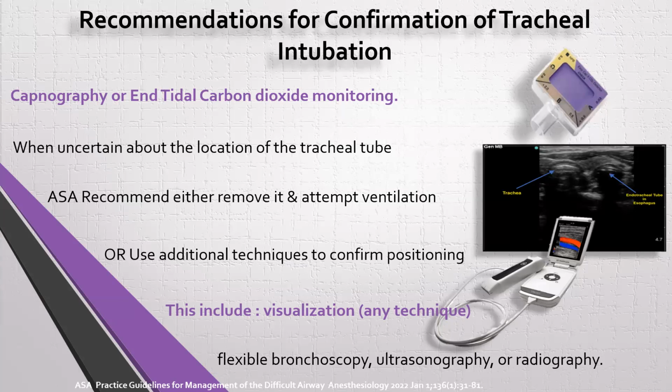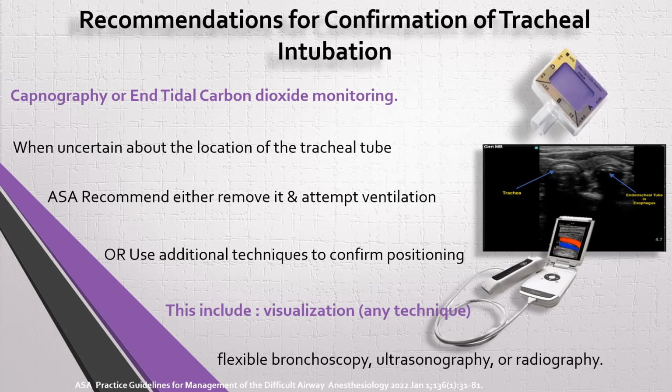This is the first recommendation. If you are uncertain about the location of the endotracheal tube, I recommend either to remove it and attempt ventilation, or use an additional technique to confirm your position. We confirm endotracheal tube position first by end-tidal CO2 monitoring.